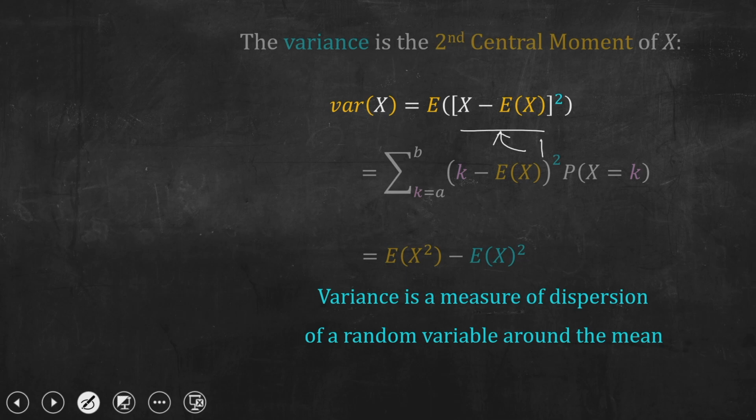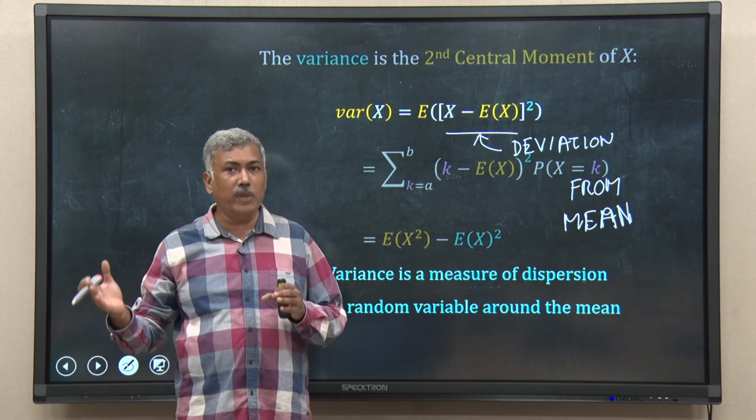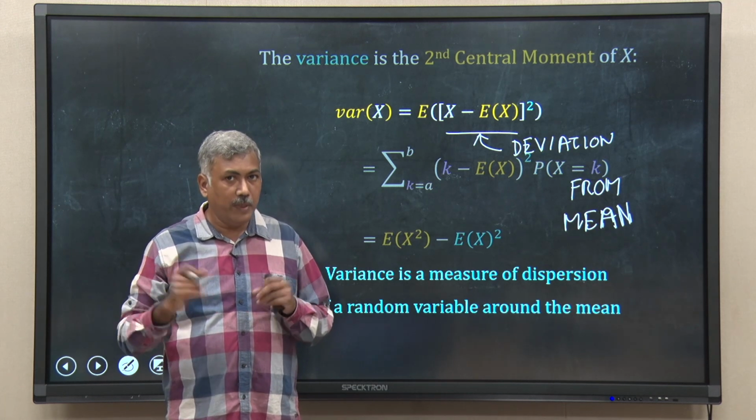This is nothing but deviation from the mean, right. So, x minus E of x is the deviation of a value from its mean.